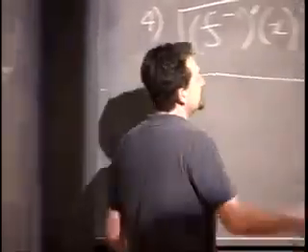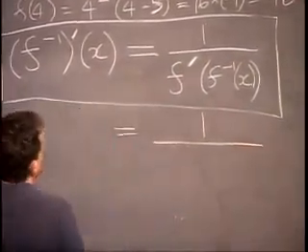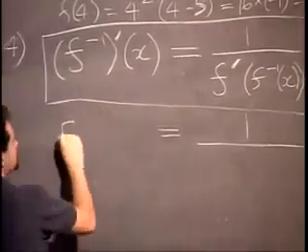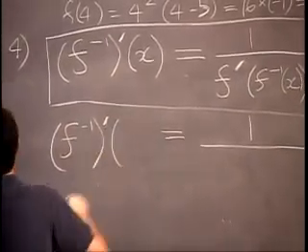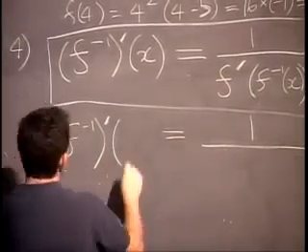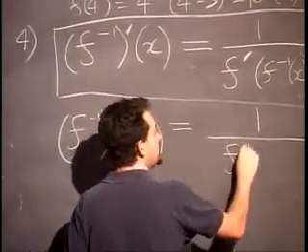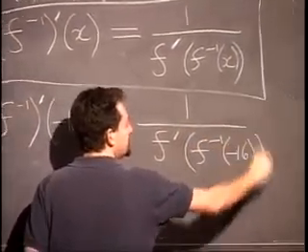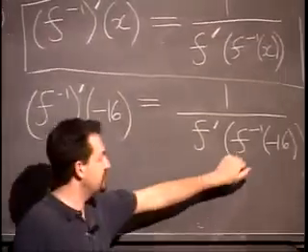So in our particular case, we want the derivative at, the question says, minus 16. So this is 1 over f prime of f inverse of minus 16. So this is what we want, and this is how we're going to get it.